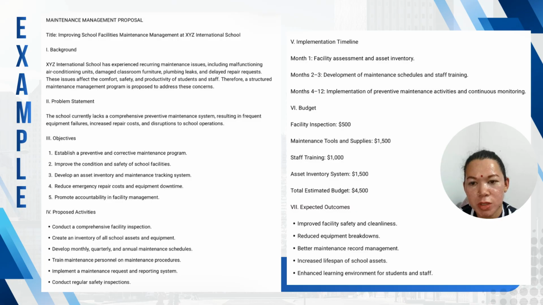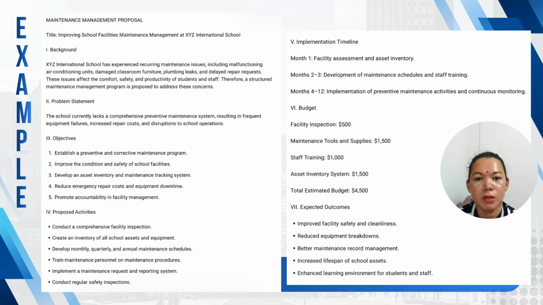Okay, number three, you have there the objectives, proposed activities. What are the proposed activities? Conduct comprehensive facility inspection, create an inventory of all the school assets, and so on. And you have their implementation timeline. So month one, facility assessment and asset inventory. Month two and three, month four to 12.